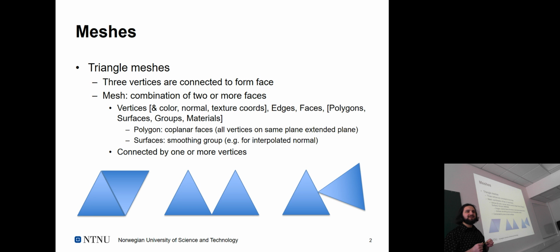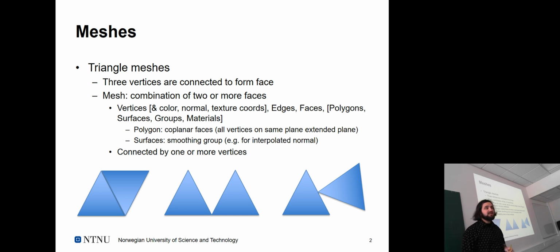I think there was some external library. Yes, it's the material library, the MTL file, where each of the materials is defined, and by using the usemtl expression we refer to the material in that external file. So polygons are coplanar faces, and surfaces are smoothing groups for interpolating normals.